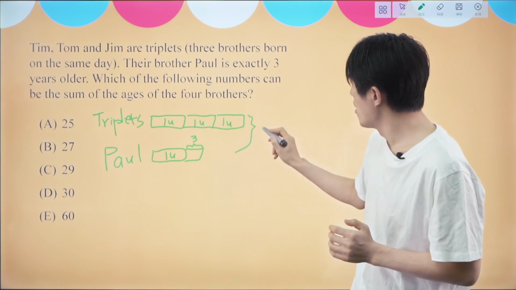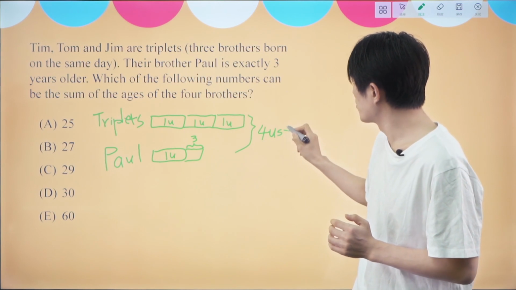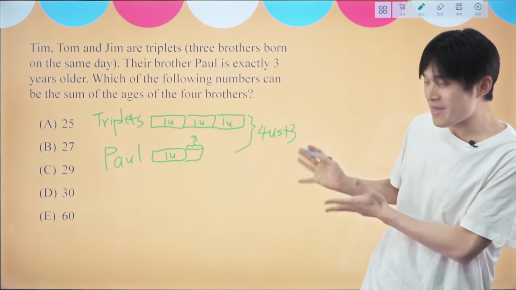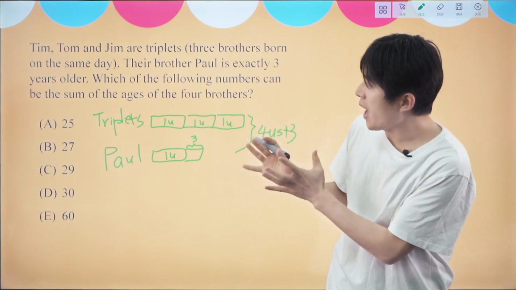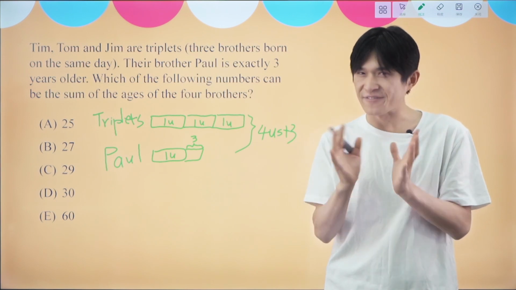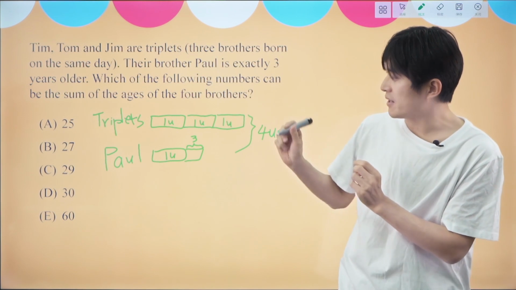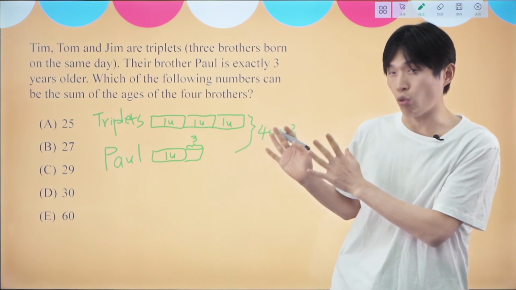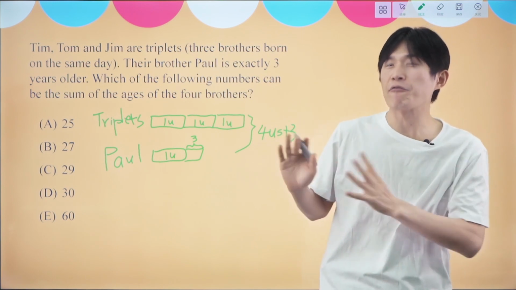So from this, we know that this value, when we minus 3, this number must be divisible by 4.